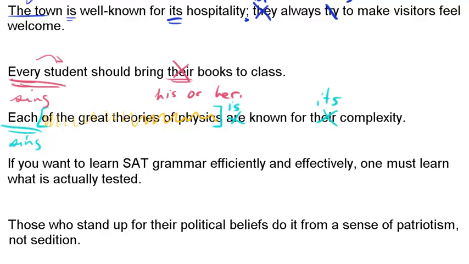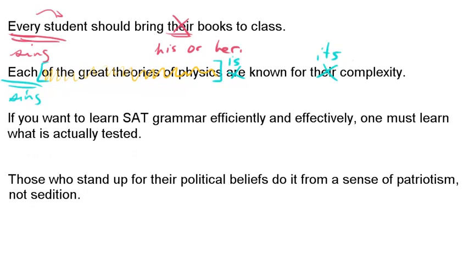All right, next question. "If you want to learn SAT grammar efficiently and effectively, one must learn what is actually tested." Okay, so this one is not necessarily a pronoun antecedent error, but it's a pronoun consistency error. Notice in the first introductory, I guess that's a subordinate clause, in this opening subordinate clause, you have "you" as the pronoun, the subject.